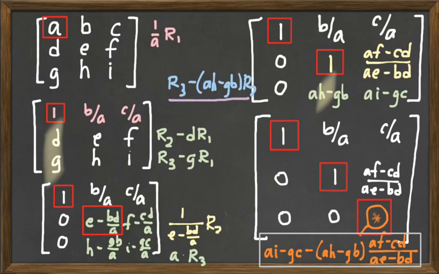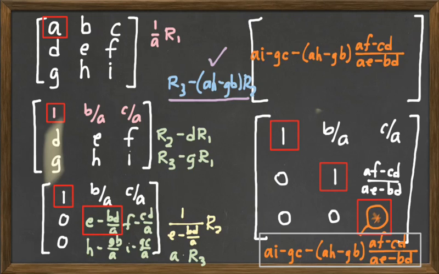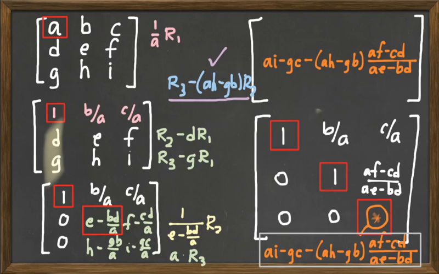I'm really just adding a multiple of one row to another row. That doesn't change the determinant. Which means that this nasty orange thing is also the determinant of this matrix. So the determinant of that matrix was also this nasty orange thing.